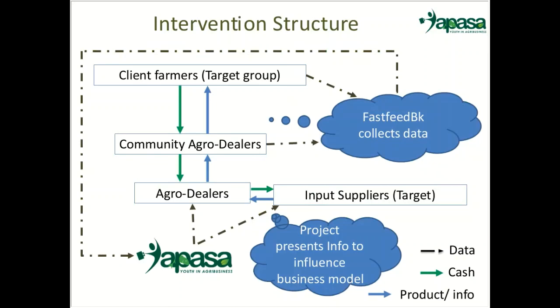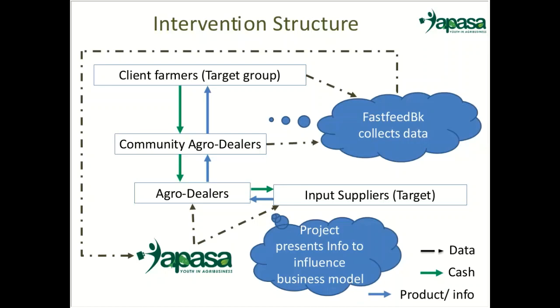So we have the last mile input distribution intervention, and we have the blue arrow showing product and information flow from the input suppliers. In this case, for us, it was MRI and a few other suppliers. So they supply to the agro-dealers, who then supply to farmers who are in the community, who we call community agro-dealers.